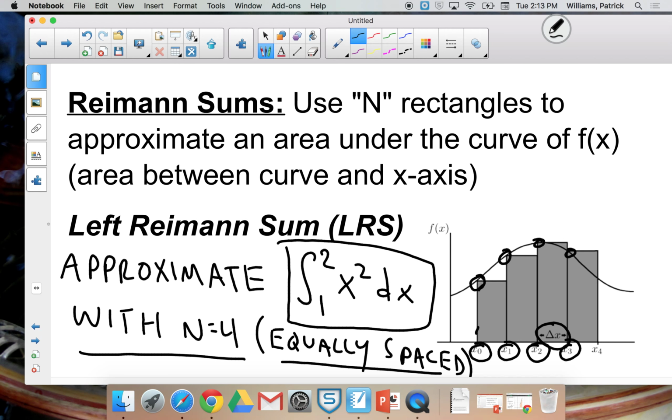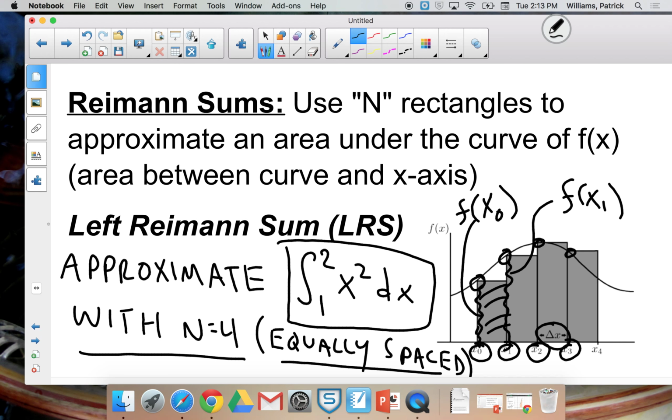So for example, this height would be f of x sub 0. This height would be f of x1, and so on. The area of this first rectangle would just be f of x0 times delta x. That's base times height, which gives us the area of our rectangle.